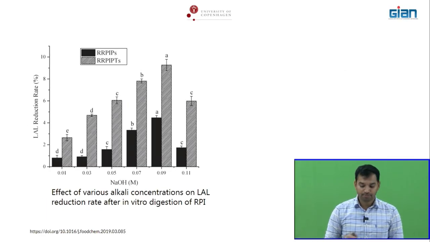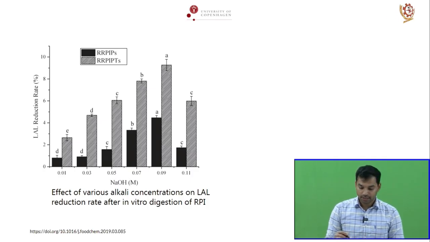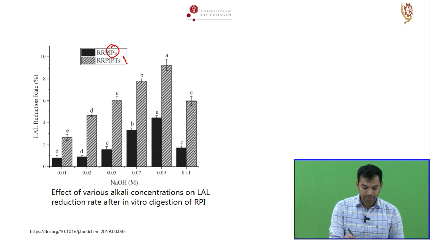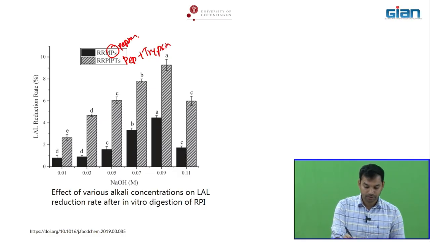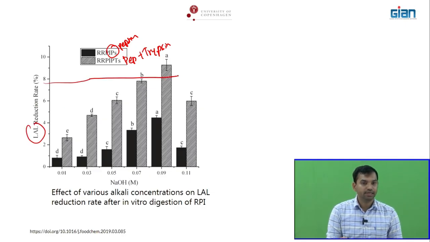And they also published, this is Chinese people, they published again showing that this is pepsin, and this is pepsin plus trypsin treatment. This is pepsin. They clearly show that the release of the LAL is only 8%. Can you see? That means that the proteases cannot release them from the protein.